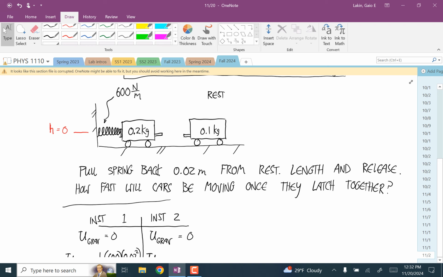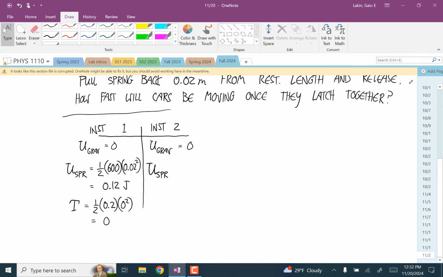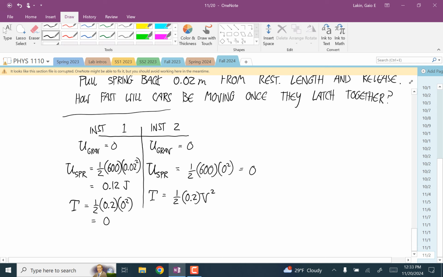And so we'll put in x equals 0 for the spring potential energy, and that's just going to give us 0 spring potential energy. So this is equal to 1/2 times 600 times 0 squared, so 0. And then the kinetic energy after it leaves the spring is 1/2 times the mass times the unknown speed squared. So that's just 0.1 v squared.